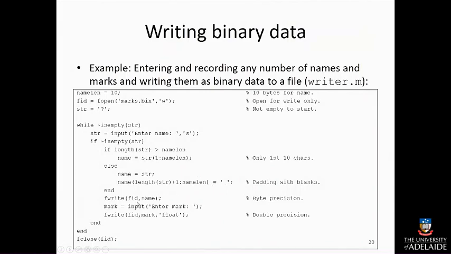And after that, we are going to write this name to the file. Then we get the marks, and we are going to write the marks to the file. And this would continue until the user just gives an empty input, and the program is going to end. And before ending, we are going to close the file. So let's have a look in MATLAB.